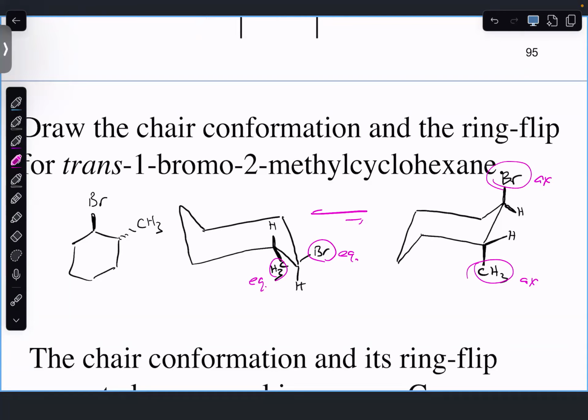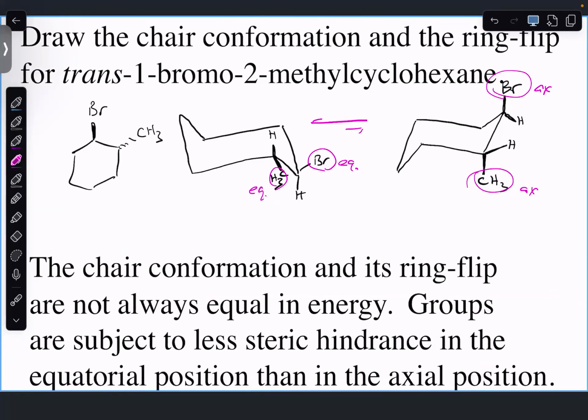That's equatorial. And you'll recall, as we just said, axial substituents are not nearly as good as equatorial ones energetically. You want to have your bigger groups equatorial versus axial. Questions how we did that?